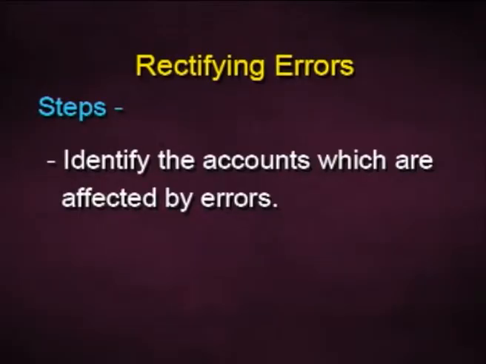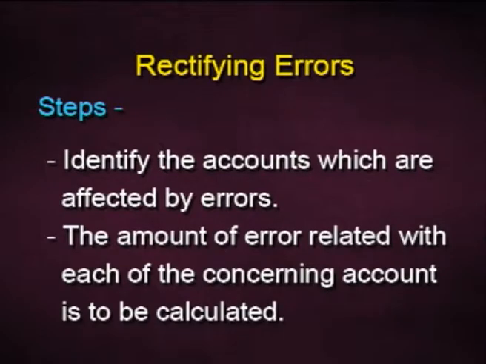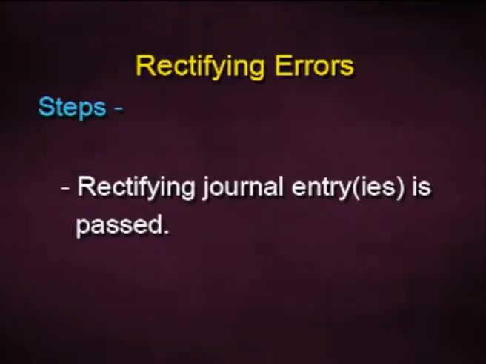For the purpose of rectifying errors in this manner, these steps are followed. First, you are required to identify the accounts which are affected by errors. Then, the amount of error related with each of the concerning accounts is to be calculated, and finally, rectification journal entry or entries are to be passed.